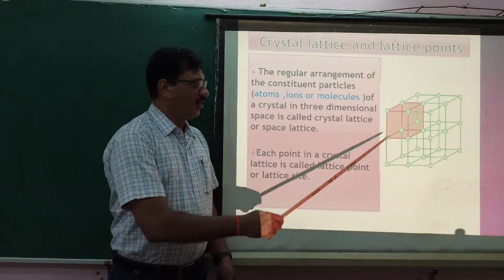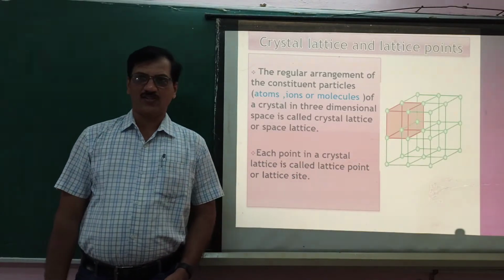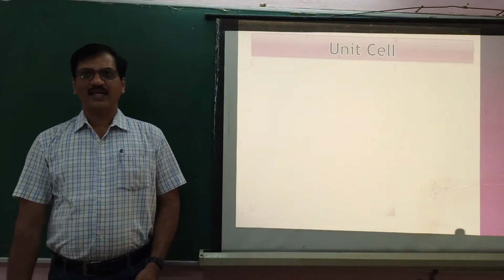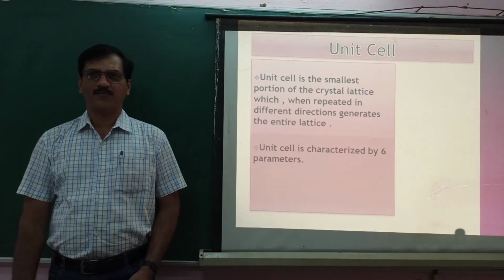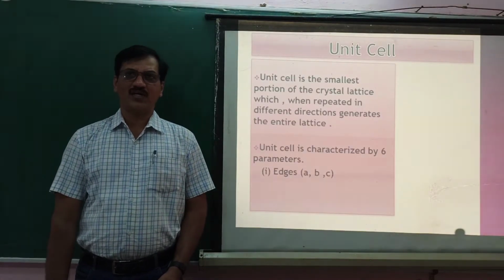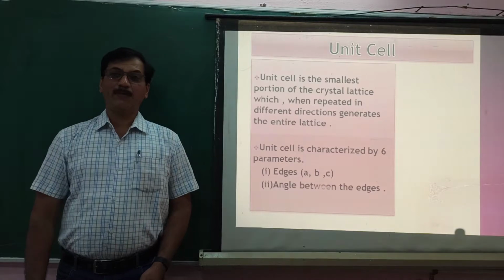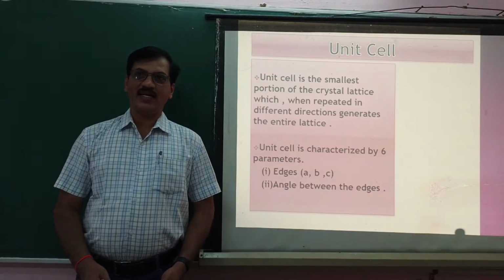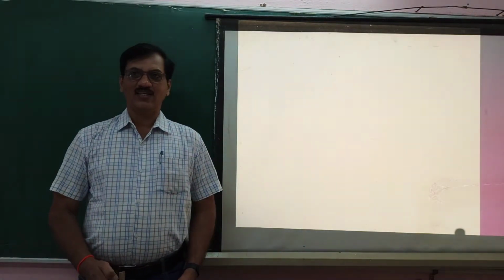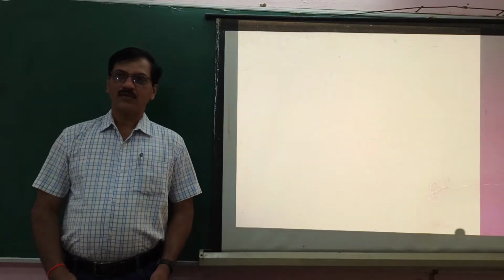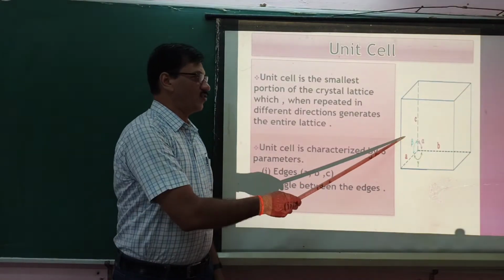Now you can see the arrangement of particles in space, and there is a smallest portion of the crystal lattice which, when repeated over and again, generates the entire lattice. That is called a unit cell.